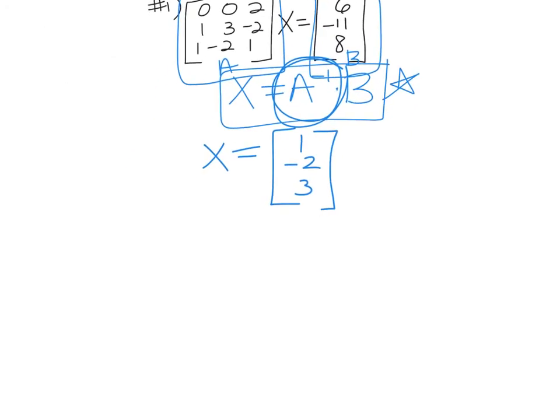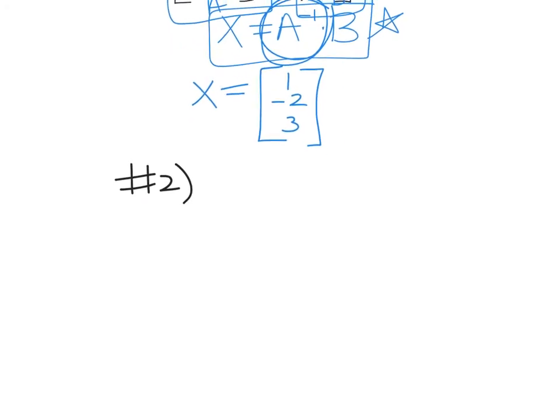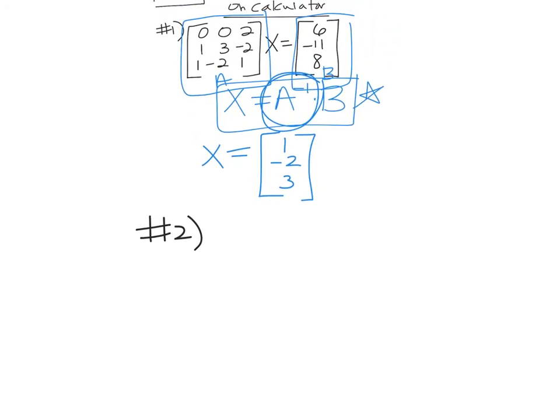All right, number 2. Now, do you guys remember? You may not. It was like a whole semester ago, but you guys had to solve 3 by 3s, like a system of 3 equations with 3 unknowns. Remember that x, y, z? You had to do double elimination, and it took forever. Your calculators can do it using matrices.